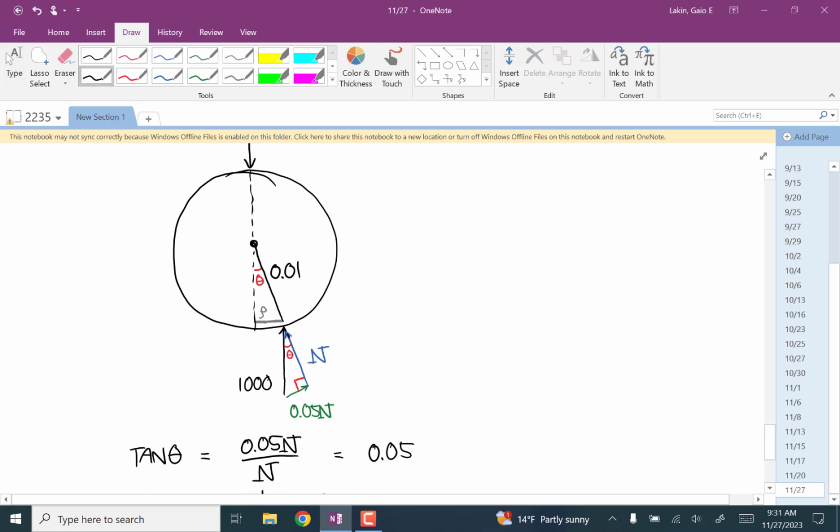So this 1,000 Newton force pushing up is applying a couple that's trying to slow this rotation down. Okay, so in order to keep this moving with a constant speed, we're going to have to apply an external couple that's equal and opposite to this.